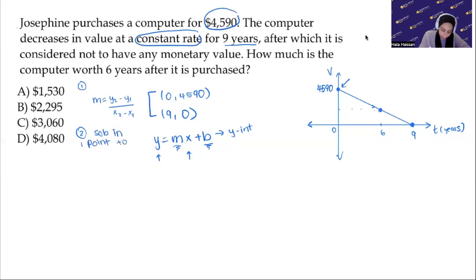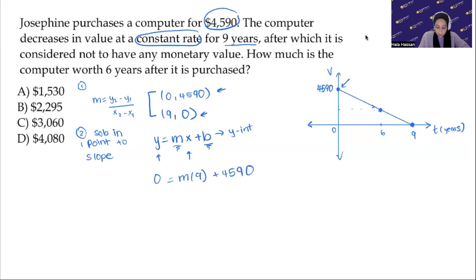to find slope. Okay, so because I used this point to find the y-intercept, I'm going to use this point to find my slope. The point is 9, 0, so I'll put 0 for y. I'm going to have m, which I don't know, and then I'm going to put 9 for x, plus the 4,590 that I know.